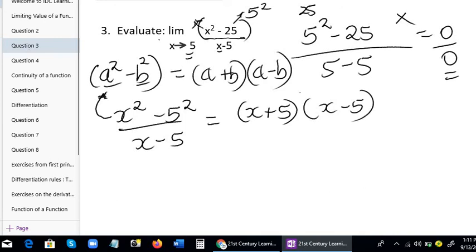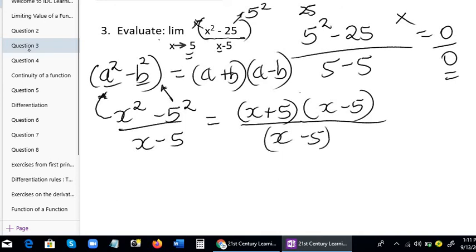Hope I'm not too fast. If you get confused anywhere, you can slow down, take the video back, and ensure you understand what I'm doing step by step. I followed this difference of 2 squares rule: I pick x and 5, (x plus 5)(x minus 5), and now you divide this by x minus 5.